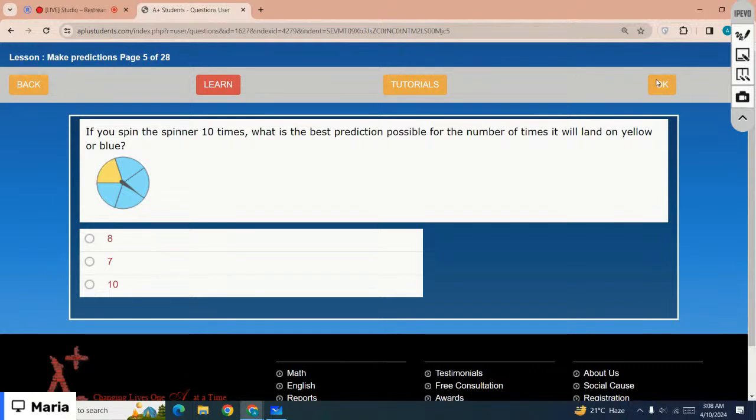If you spin the spinner 10 times, what is the best prediction possible for the number of times it will land on yellow or blue? So, which is the correct option?